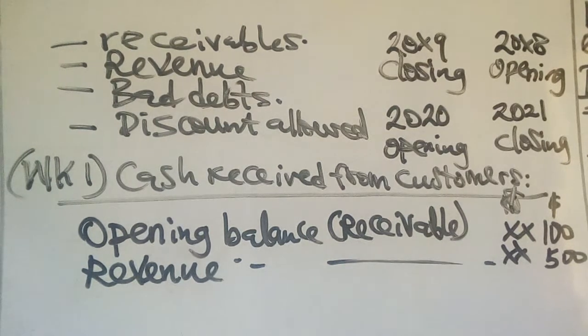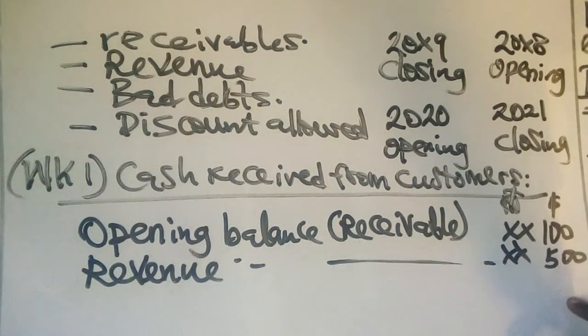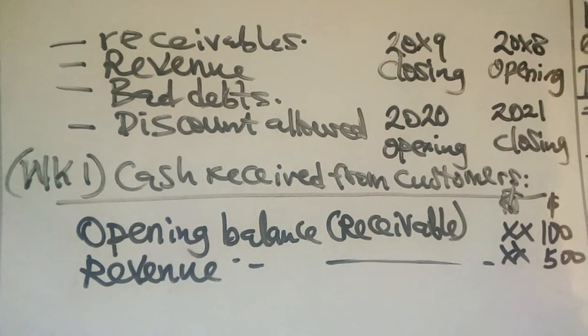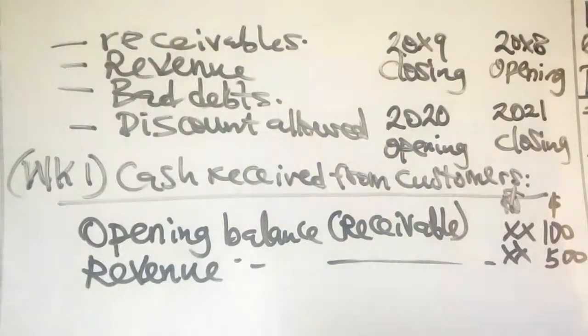Customers were owing you $100 before, and you make further sales on credit, which the customers haven't paid for. That means when you sell 500 on credit, the customers are now owing you $600. So now we have dealt with the opening balance of the receivables and revenue.